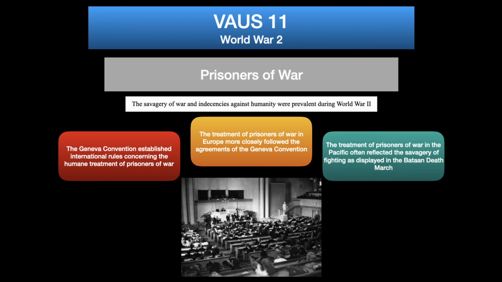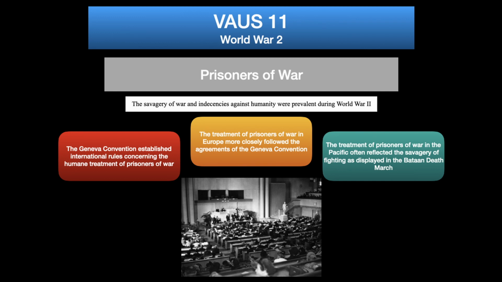So in the European theater, the treatment was more along the lines of the Geneva Convention. But in the Pacific theater, there was terrible savagery. And what they compare it to is the Bataan Death March, which is something that the Japanese did to not only Filipinos, but Americans and even some British soldiers. So again, there were atrocities committed on both sides in the Pacific theater because of just how bad it was.